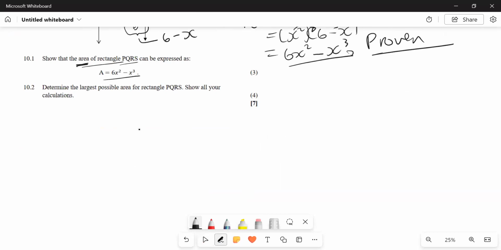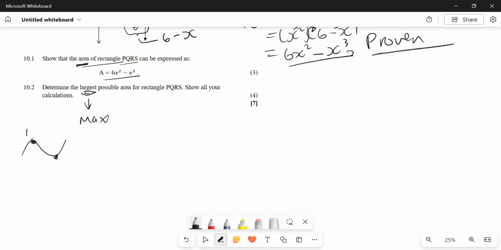Now they said determine the largest possible area of the rectangle. Largest means maximum. When I think of the maximum, I go back to the polynomial graph in calculus.